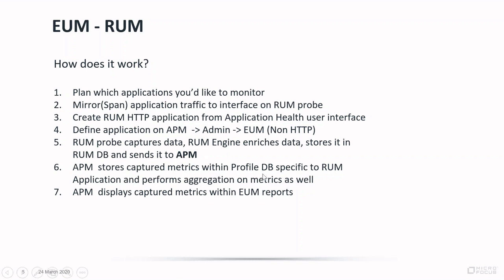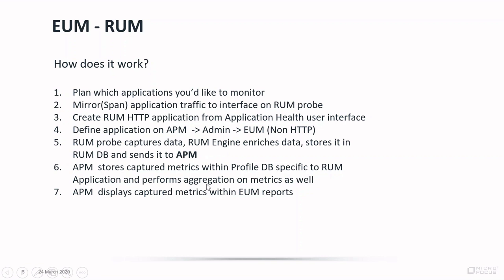Okay, so APM stores the metrics in the profile database basically. You can keep a separate profile database for RUM and BPM. It is better to have a separate profile database for each, so that if one gets lost, the other will not get lost. Both BPM and RUM will not get lost. So better to have multiple profile databases so that you have a data backup.